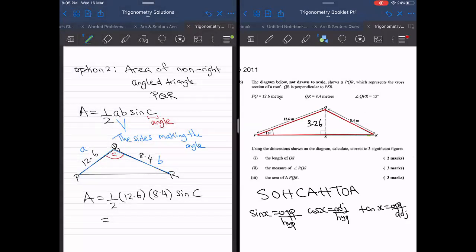I need to go and check if it's on the formula sheet. But I'm saying this is a formula to know. So if you didn't know before now, ensure you're taking notes so that you have this down somewhere.